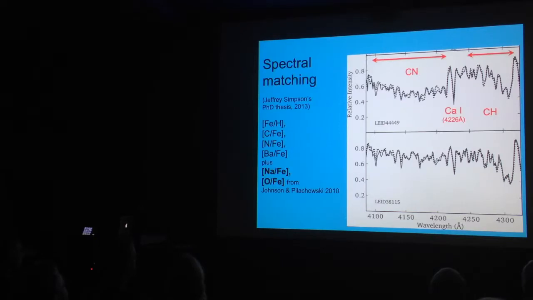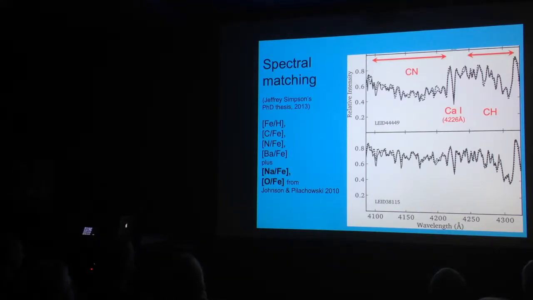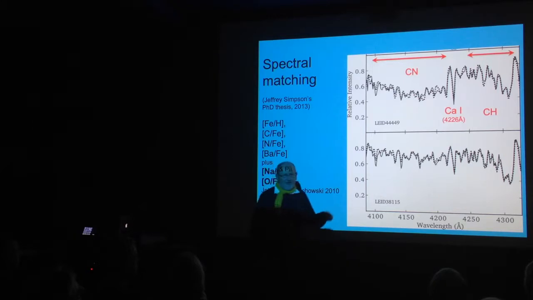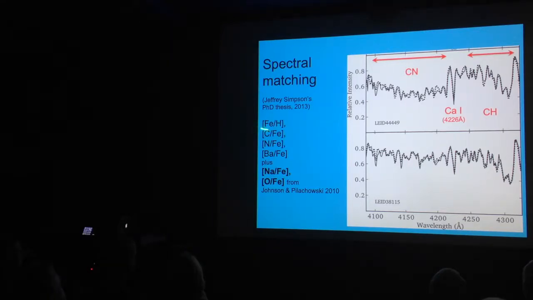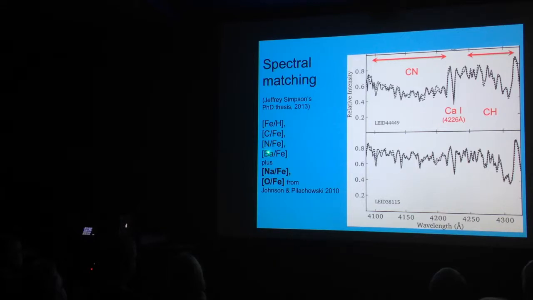So what Jeffrey did was to play some games where he matched the spectra. He computed synthetic spectra, and then he matched those synthetic spectra to the observed spectra and got out an index. And he got out an overall metallicity, a carbon abundance, a nitrogen abundance, and a barium abundance.